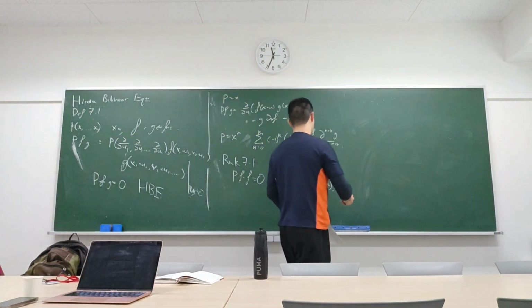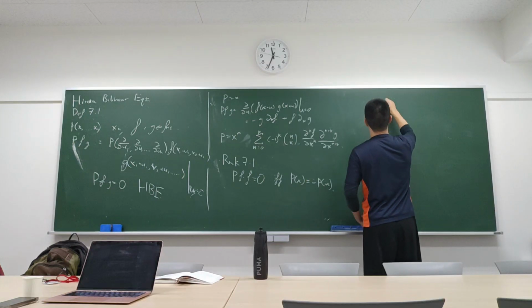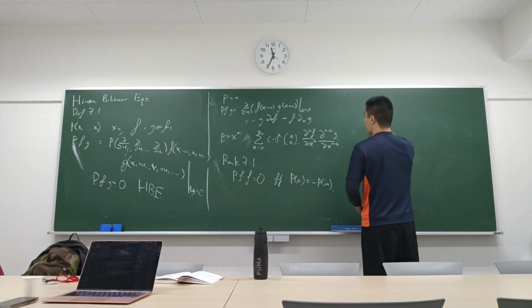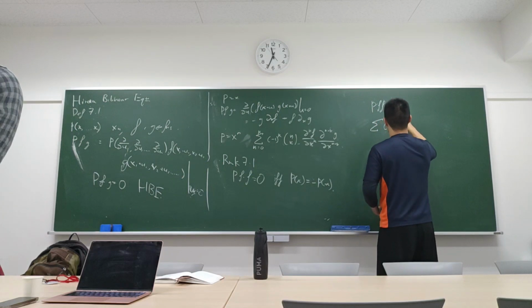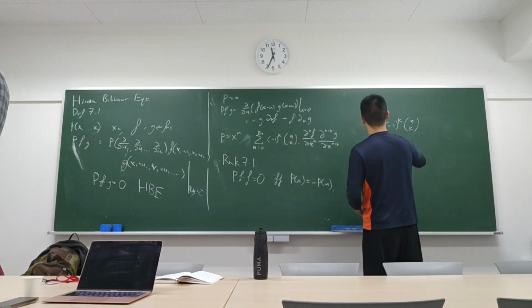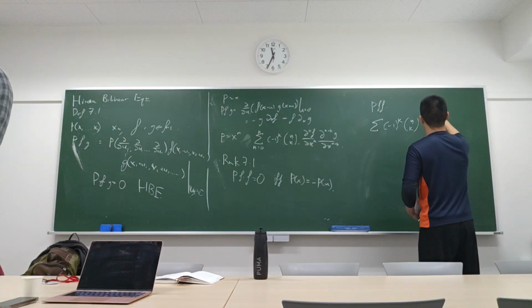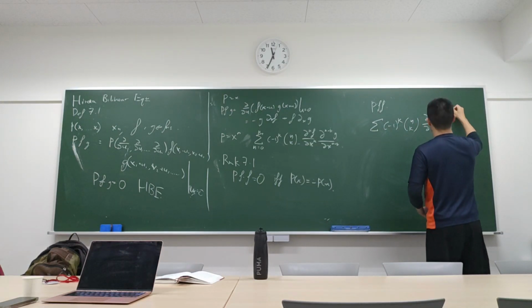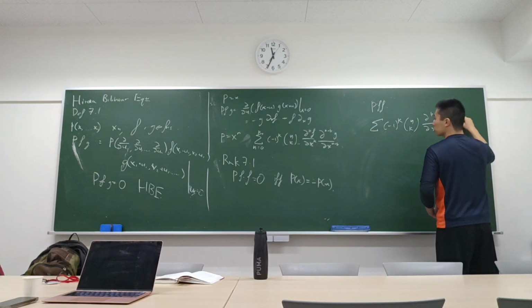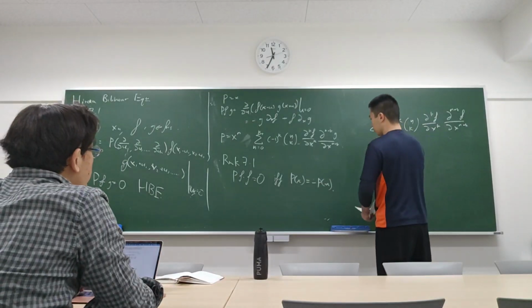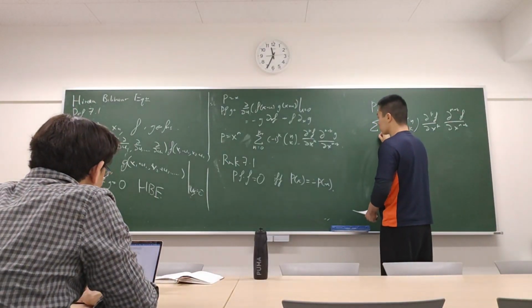Okay, so if you have P, F, F, let's say you just look at this extent, right? Then you will have this sum of minus 1 to the k, n choose k, del k f over del x k, del n minus k f over del x n minus k. Then you sum.